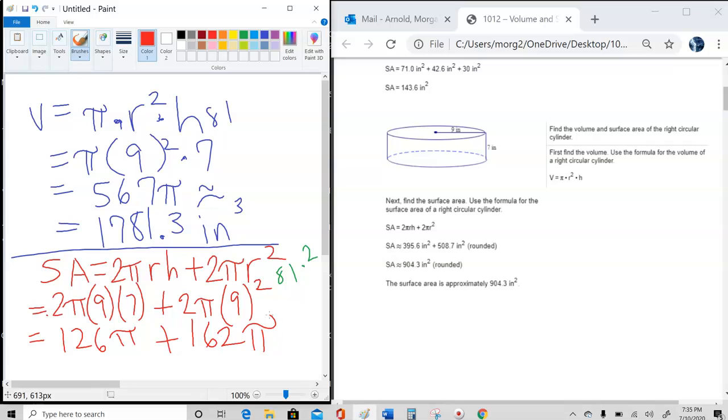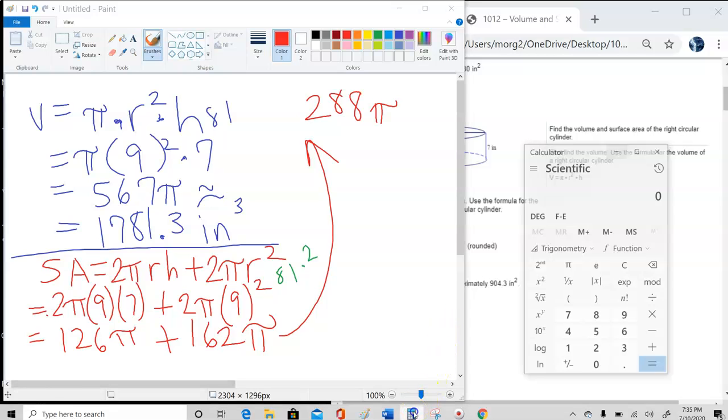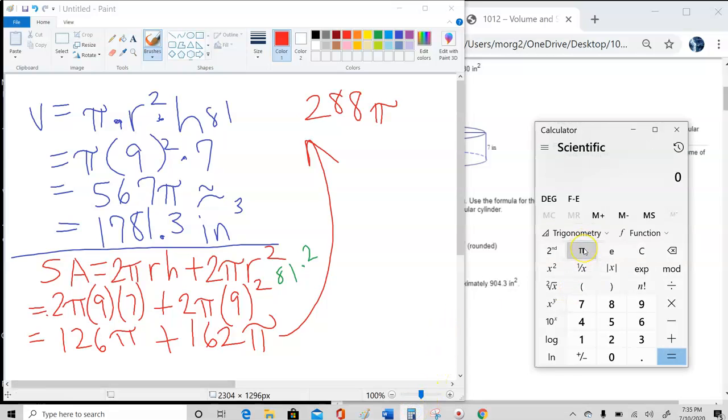And you can actually add the pi's together. So that would be 288 pi. Now put that in your calculator. So pi times 288.